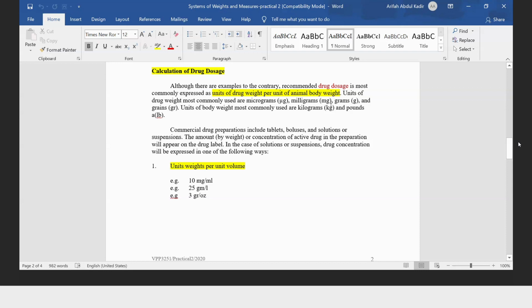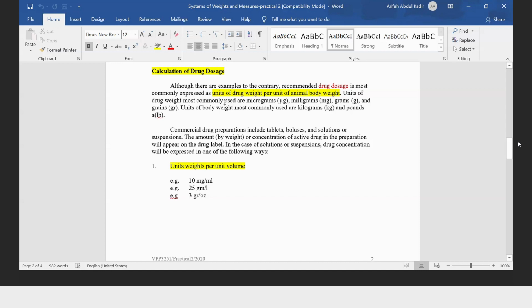Like 10 milligram, that is the unit weight of drug, per animal body weight, which is in kilogram or pounds. 10 milligram per kilogram, so there will be a slash. 10 milligram per kilogram or 5 milligram per kilogram. All right, so drug dosages are written in that way.